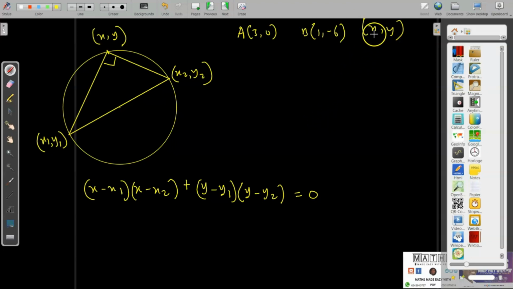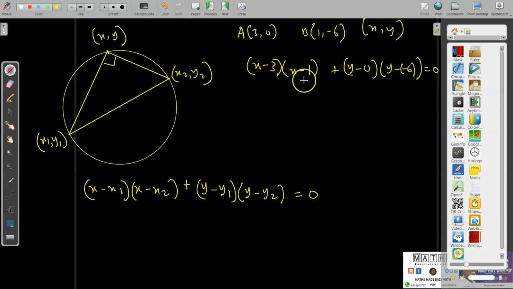So let's apply. It's going to be x minus 3 all multiplying x minus 1 plus y minus 0 all multiplying y minus -6 all equal to 0.